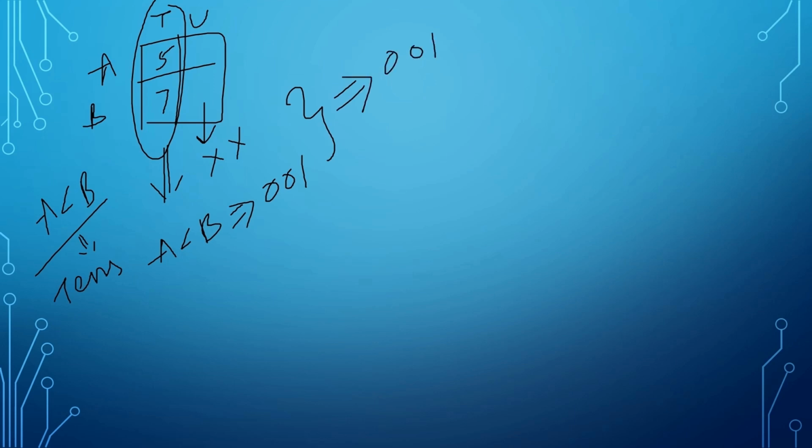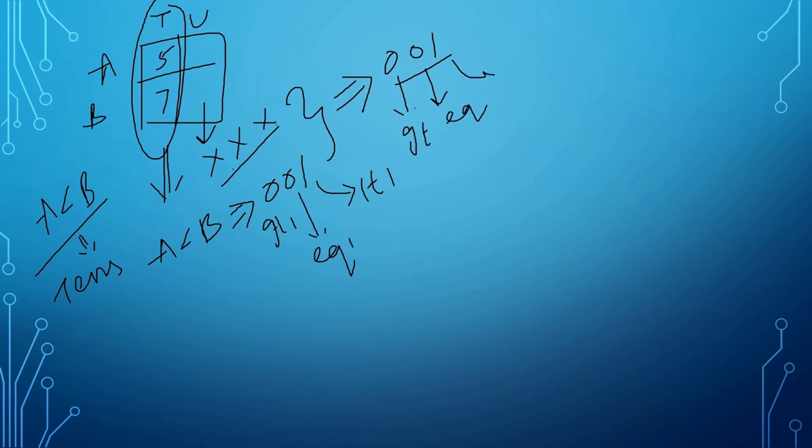As we discussed, this as GT1, this as EQ1, this as LT1. These three as GT2, EQ2, LT2. This is main output GT, this is GT, this is EQ, this is LT, right?